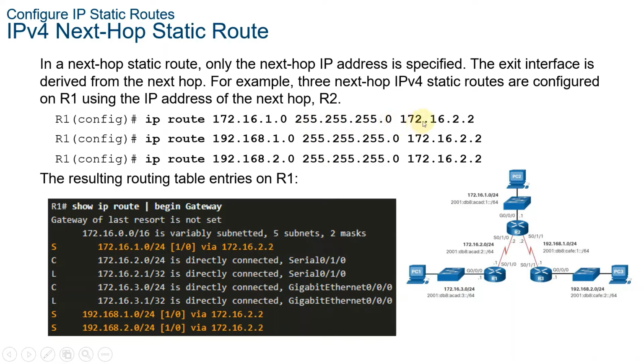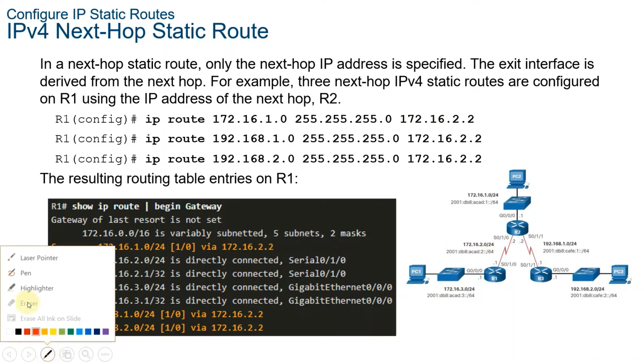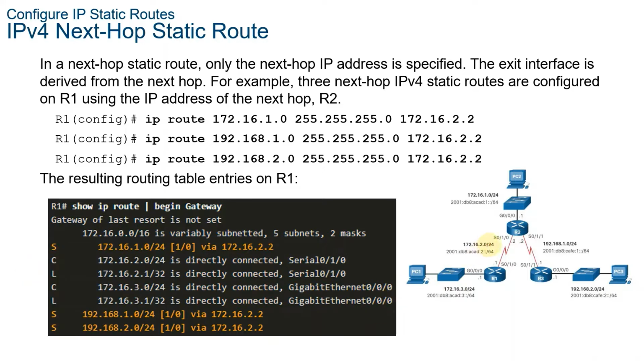The next one would be the next hop IP address. If I am R1, this is me, the next hop IP address to reach the remote network is this, and that is 172.16.2.2.